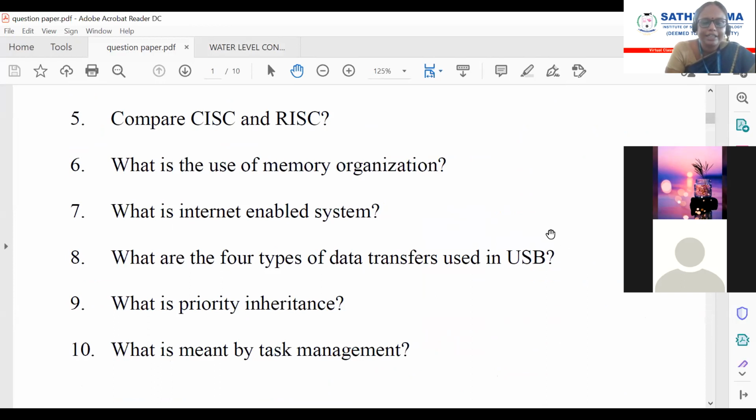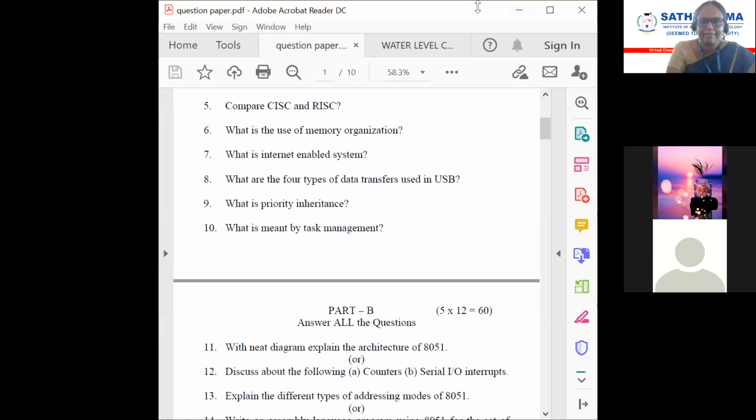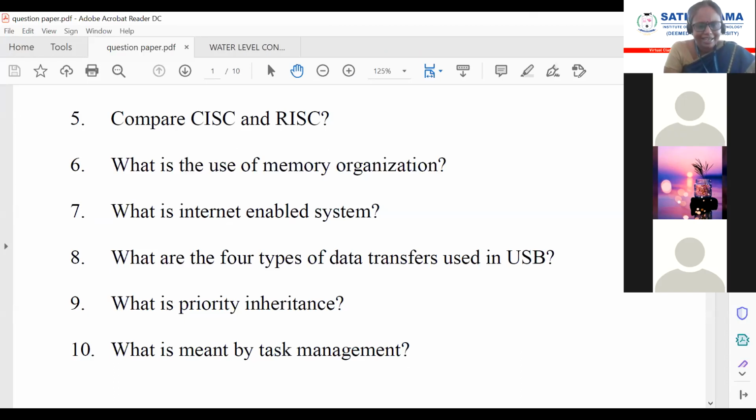What are the four types of data transfers used in USB? Internet enabled system means what? I have already asked these questions. What is an internet enabled system? It is a general question only. A system which is connected to the internet, a very simple question.